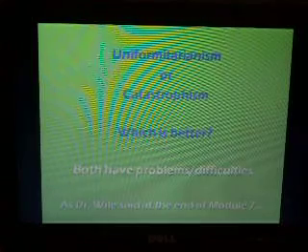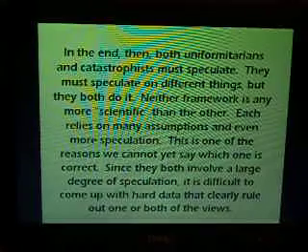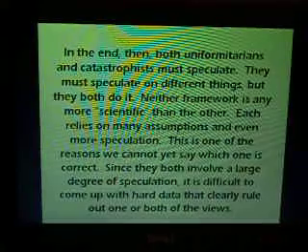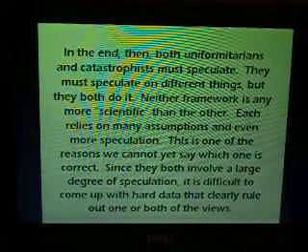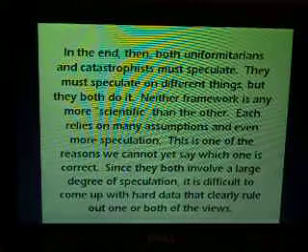As Dr. Weil said at the end of Module 7, in the end then, both uniformitarianists and catastrophists must speculate. They must speculate on different things, but they both do it. Neither framework is any more scientific than the other.